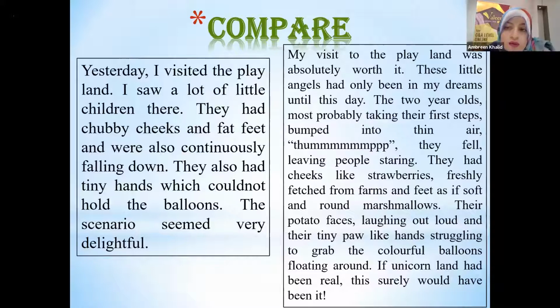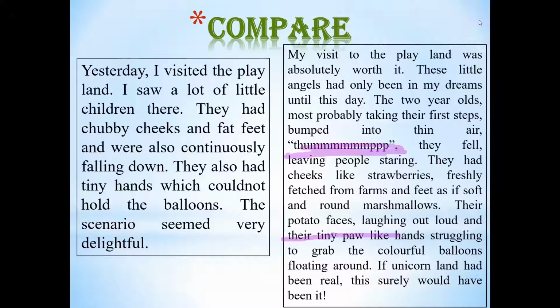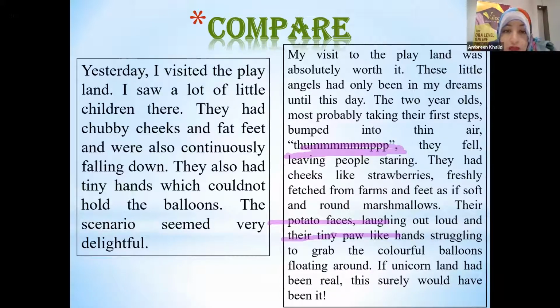Okay, so the first step was to describe characters and scenarios with full details using those techniques which I told you. That was step number 1. Now, step number 2 was to add a lot of figures of speech. Just look at the difference.